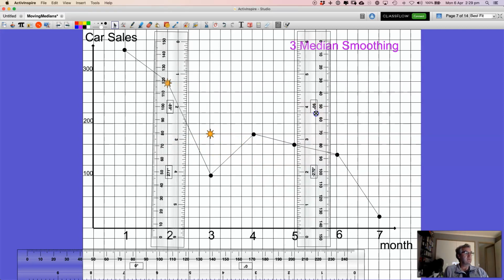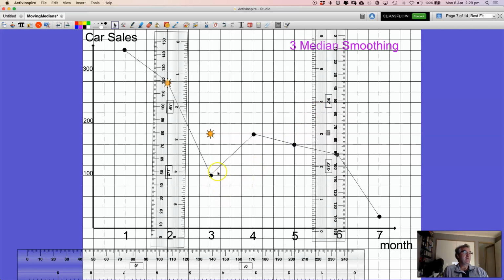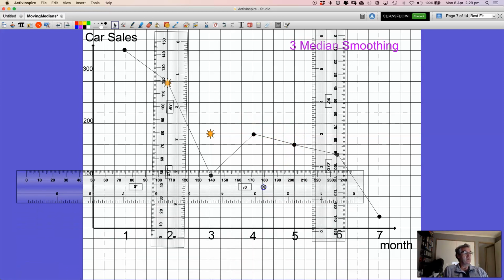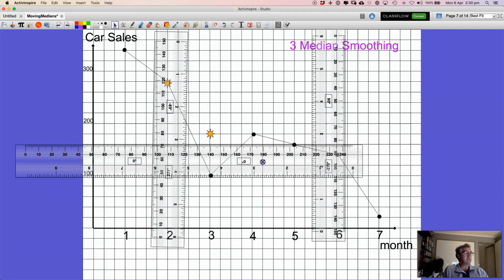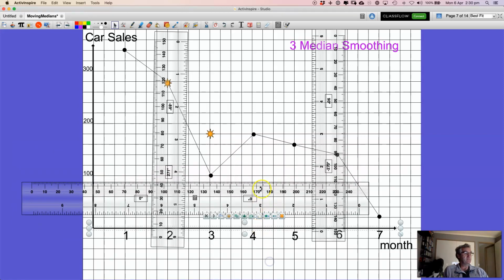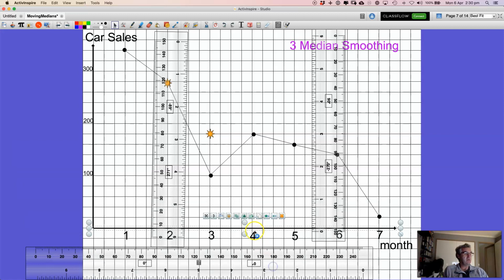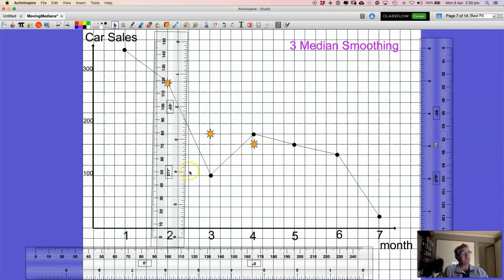Right. 1, 2, 3. You'll notice working my way up with this ruler here, I stop at the second dot. That's that one there. Okay, and that will give a point here. And likewise, I could do another ruler, but I think you get the general idea.